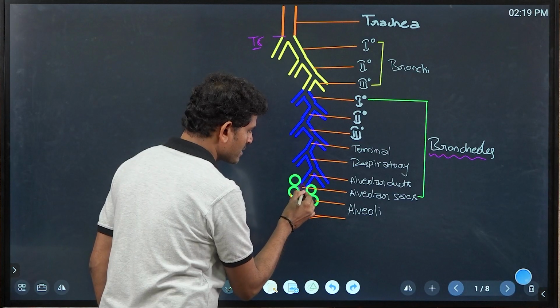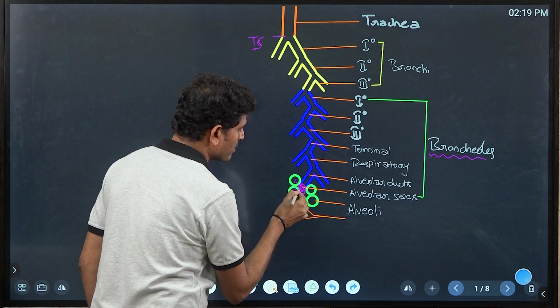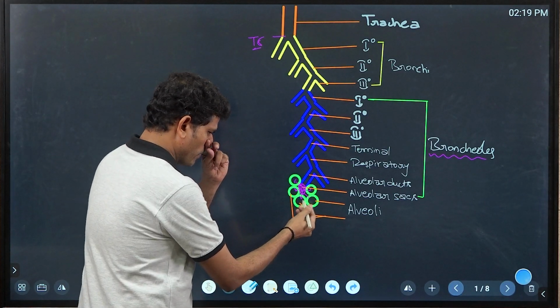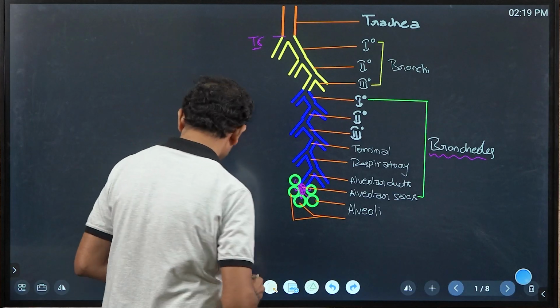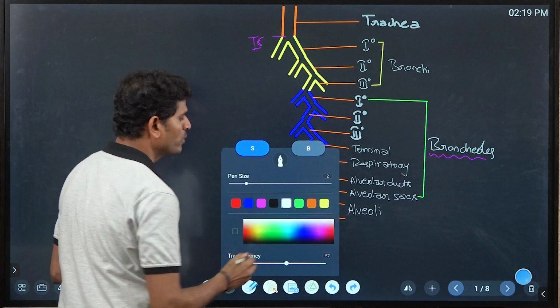A portion of the alveolar sac. This is a closed diagram, but in reality they are not like that. They are open. So these are alveoli, small pouch-like structures. What is the number of alveoli in our body?